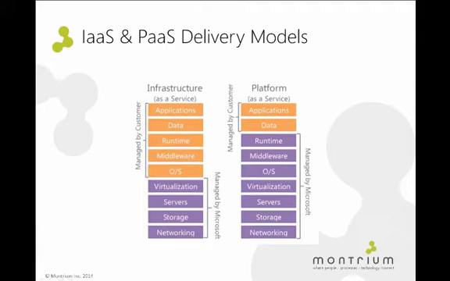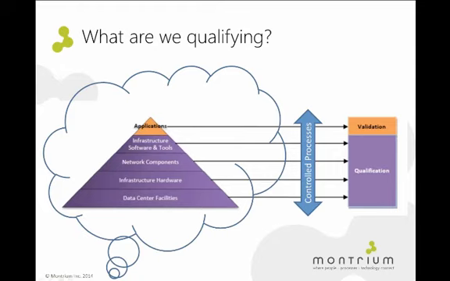So this diagram really depicts the different components that the IaaS and PaaS delivery models are comprised of, and who typically manages those components. The distribution in terms of the component management is key when considering how the platform should be qualified. So what is it exactly that we're qualifying?